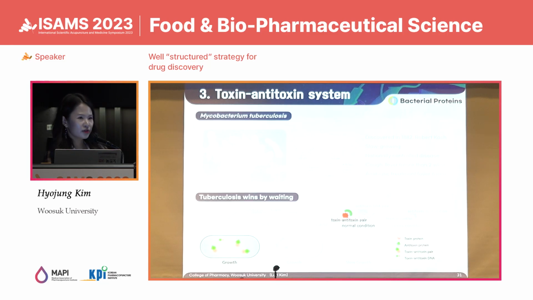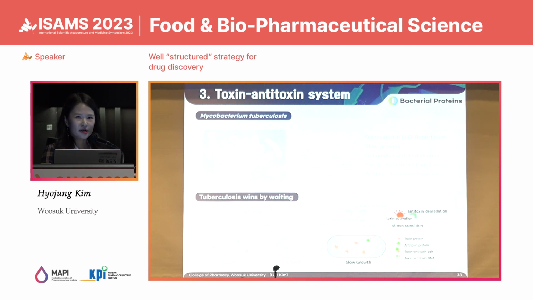And they usually bind together, and the antitoxin will neutralize the toxin's toxicity. Or the antitoxin can bind to the promoter, and they can inhibit the translation of both toxin and antitoxin proteins. And with this method, the toxin's toxicity will be decreased in normal conditions.